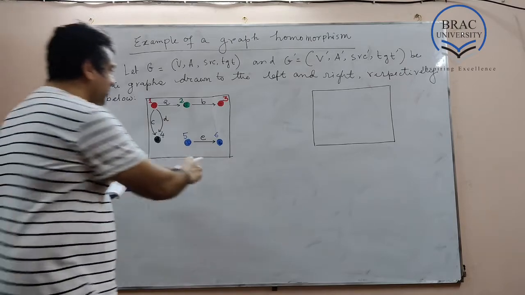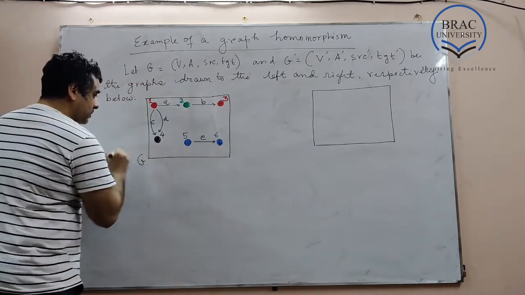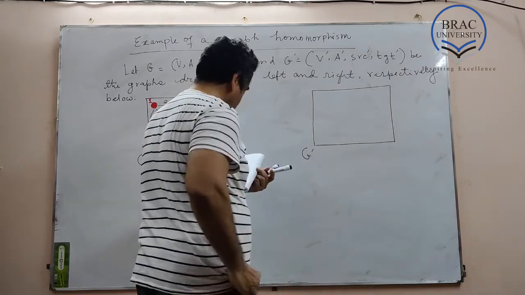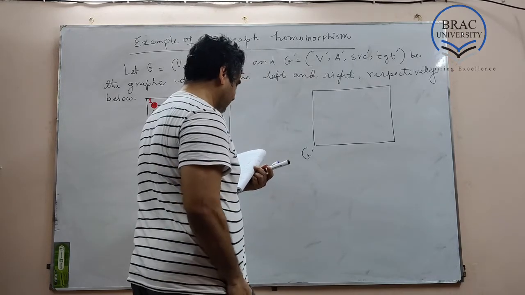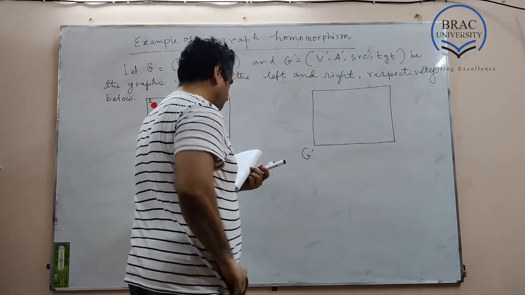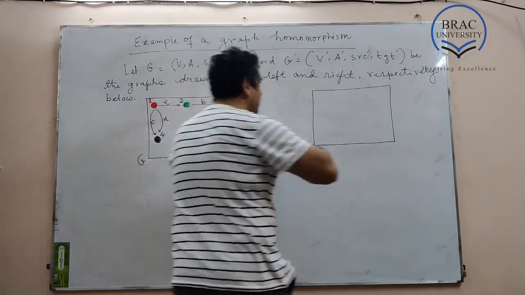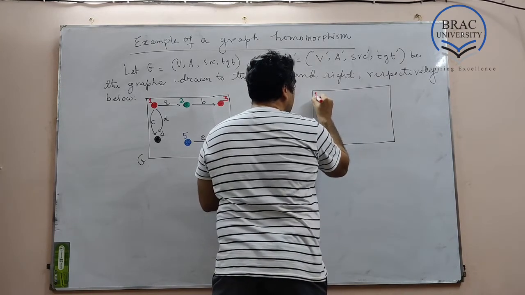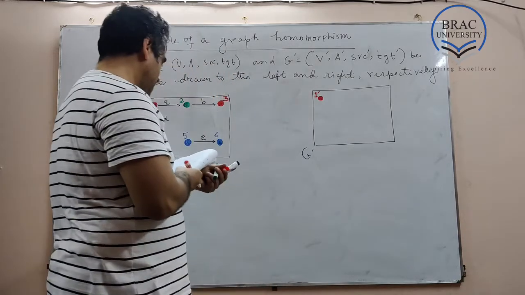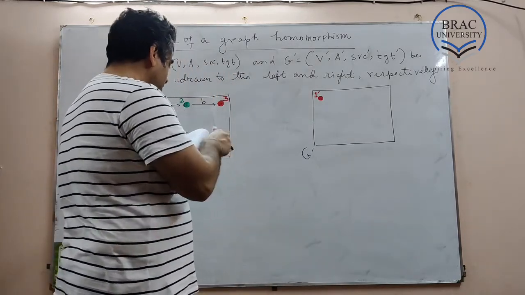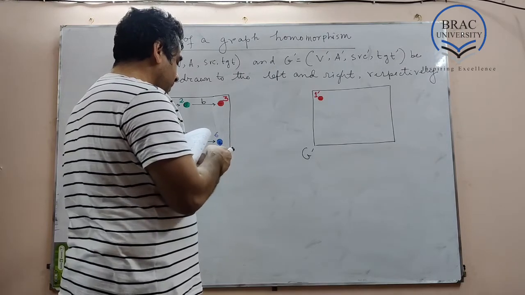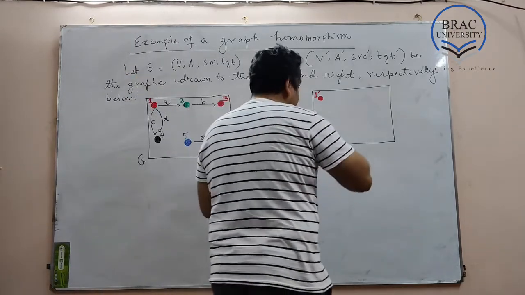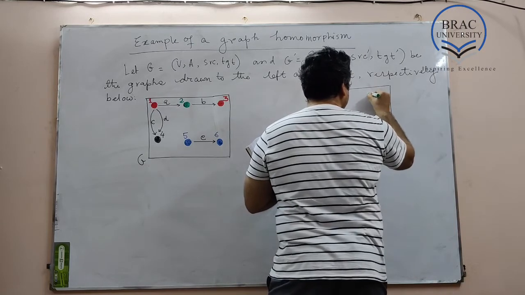Now on the right hand side is the graph G prime, for which there is a red vertex labeled 1 prime, and a green vertex labeled 2 prime.